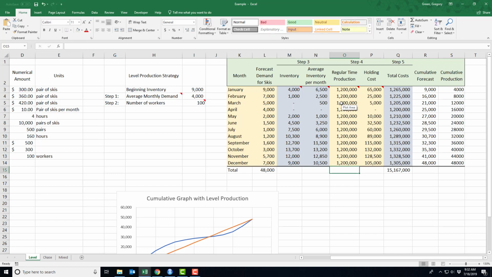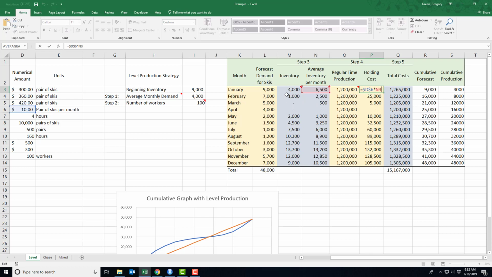And I'm not hiring people, I'm not laying people off. All I'm trying to do is average out my production nice and steady so that I can meet my total demand year over year. Okay, so there's my labor cost, but the other cost I have is this holding cost. Now the holding cost is $10 per pair of skis.